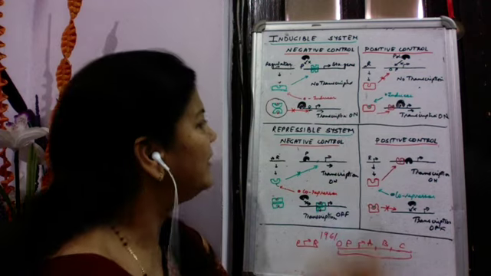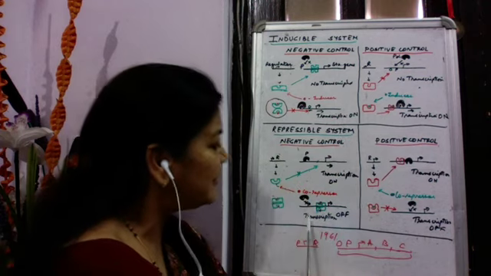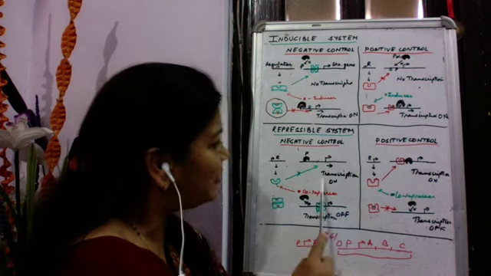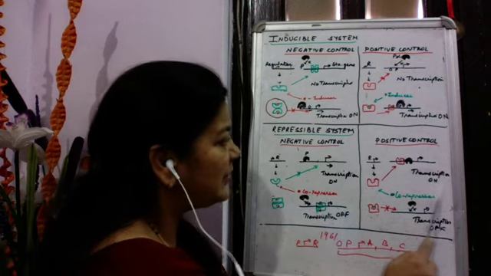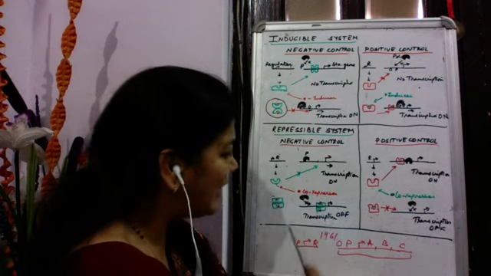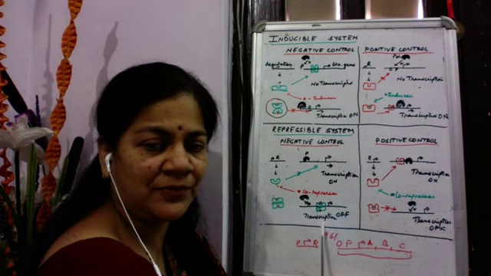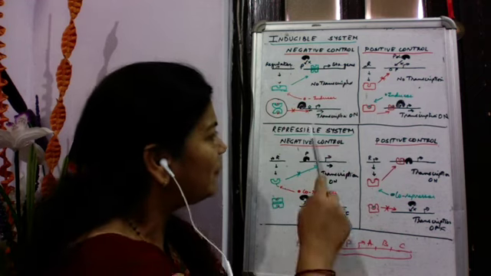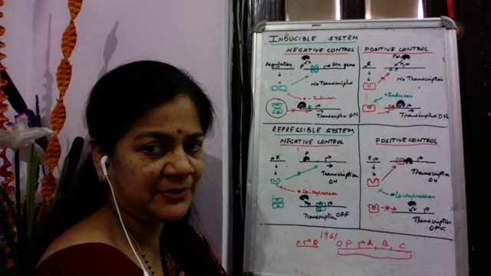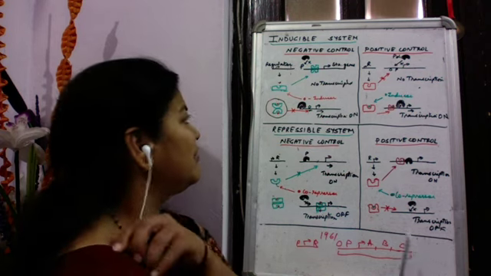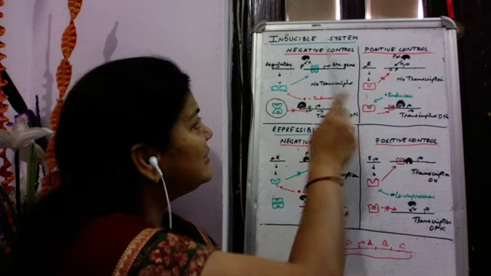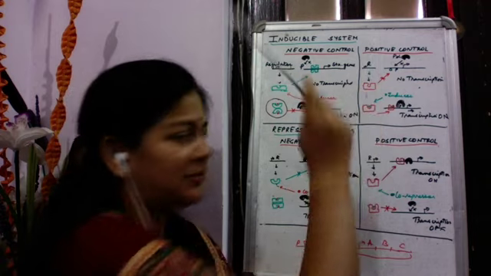On the other hand, the repressible system refers to the case where the transcription is generally on, and it has to be turned off. So when it has to be turned off, it is called a repressible system. Now again, you see I have written over here negative control and positive control in the inducible system.